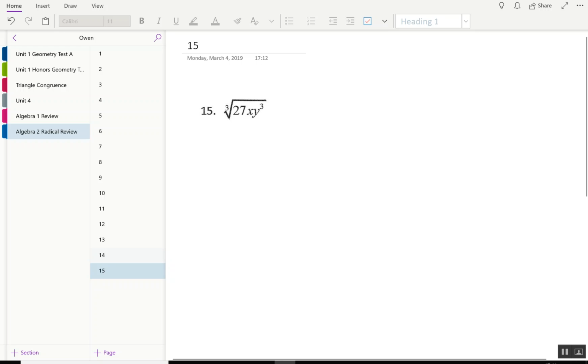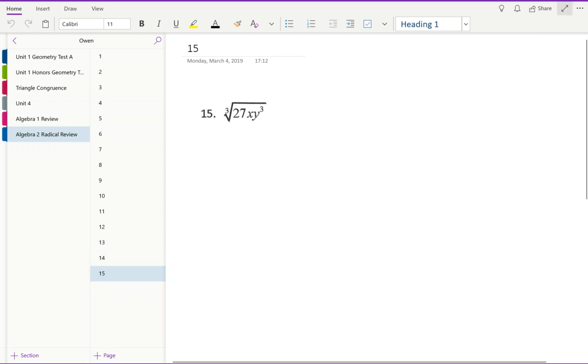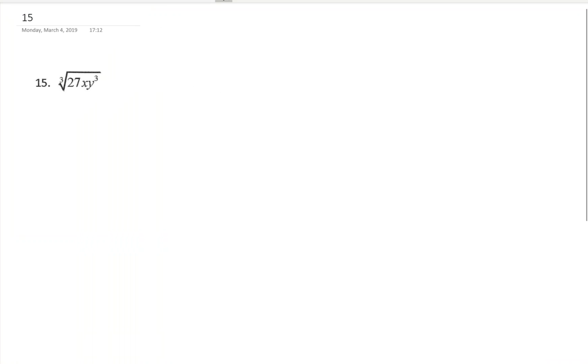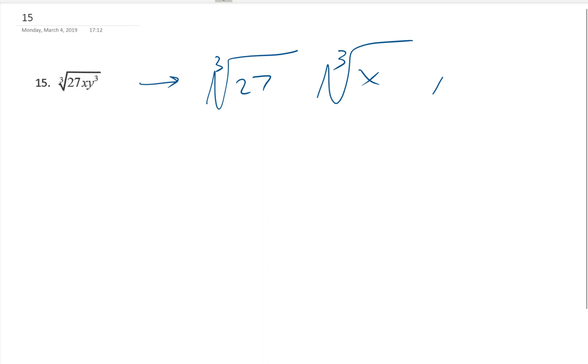And finally, number 15. Again, let's break it apart. So you have the cube root of 27, the cube root of x, and the cube root of y to the third. Well, 27 is just 3 cubed, right?